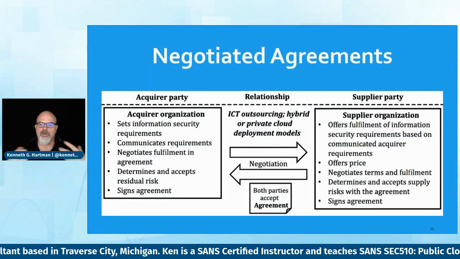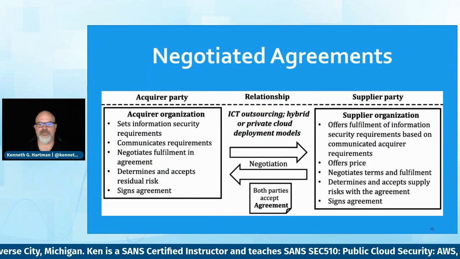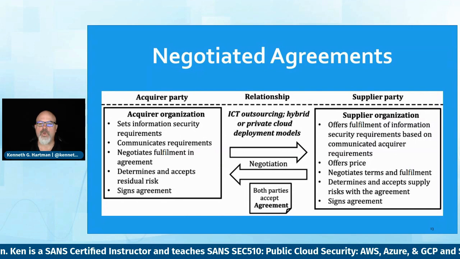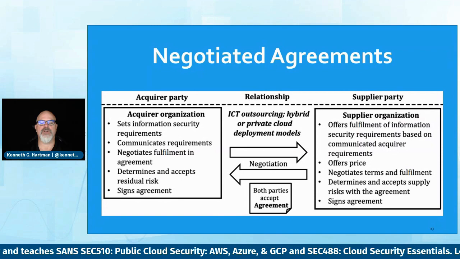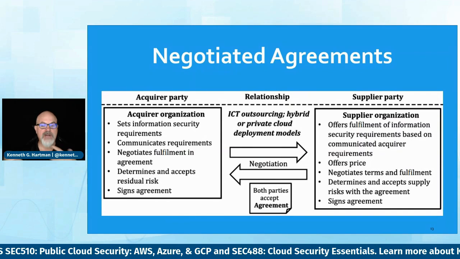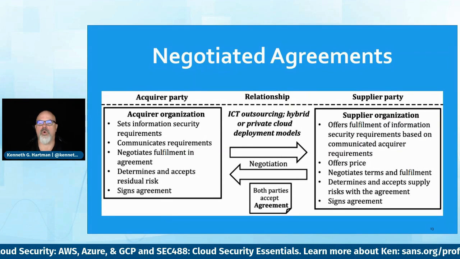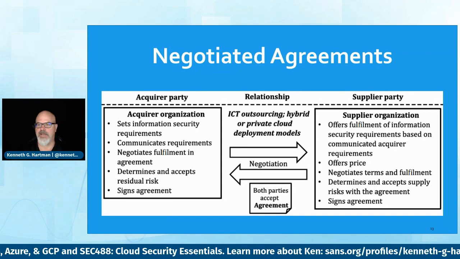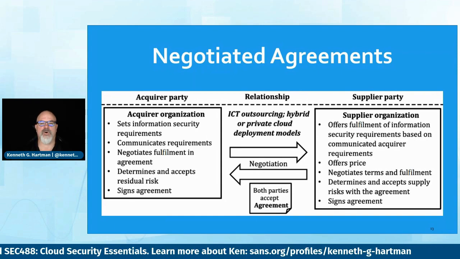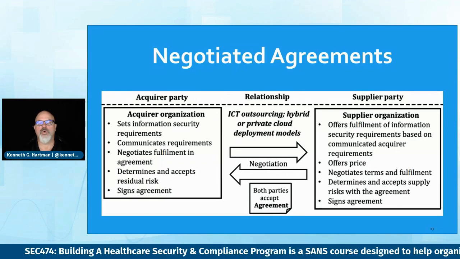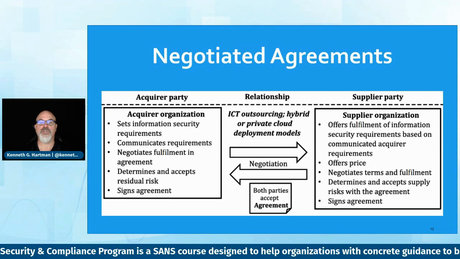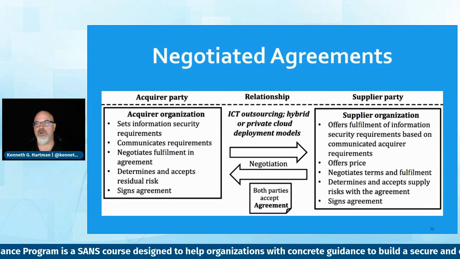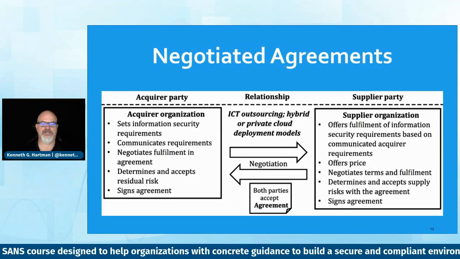When we're embarking on our digital transformation, this will often be done in concert with other service providers, whether they're cloud service providers or any type of IT outsourcing or service delivery of any form. Now, there's two different types of agreements. Generally, there are negotiated agreements and there are standard agreements.